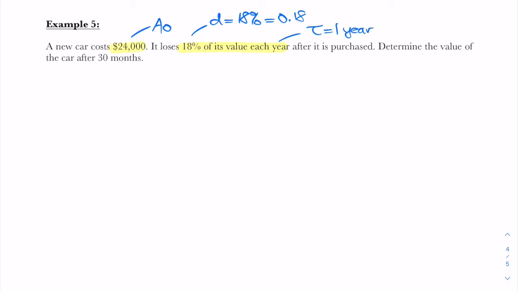We want to determine the value of the car after 30 months. So that's t. Notice that t and tau don't have the same units. So once again, you're welcome to convert years to months or either months to years. Personally, I like to go from a bigger unit to a smaller unit, but it doesn't really matter. So tau, instead of 1 year, I'm going to write that as 12 months.